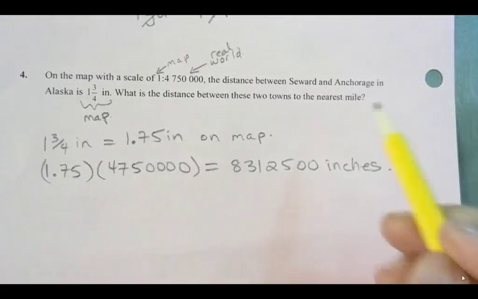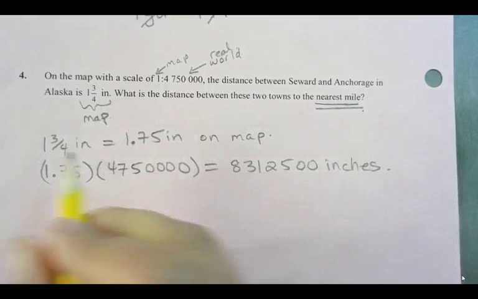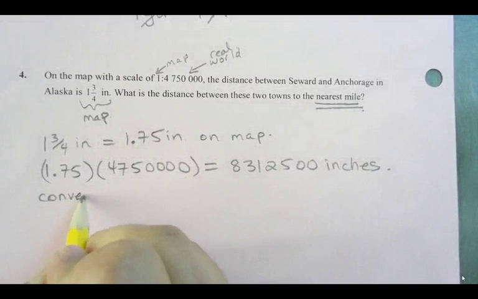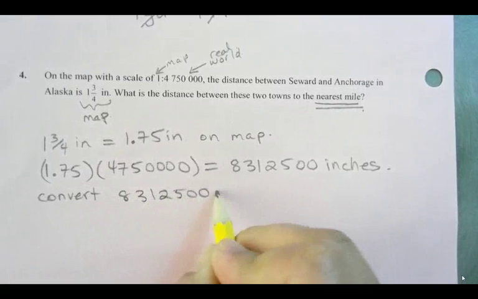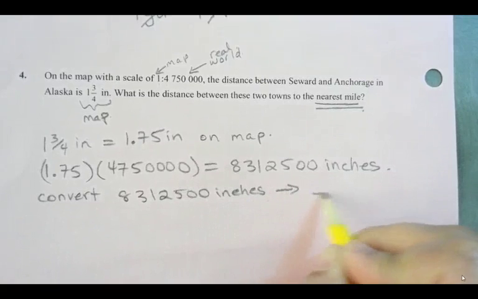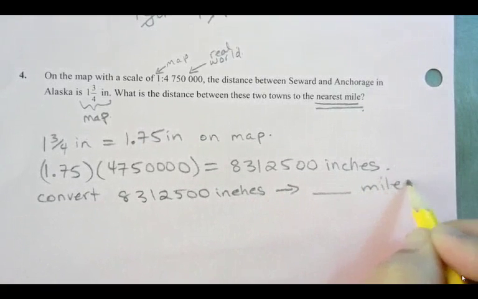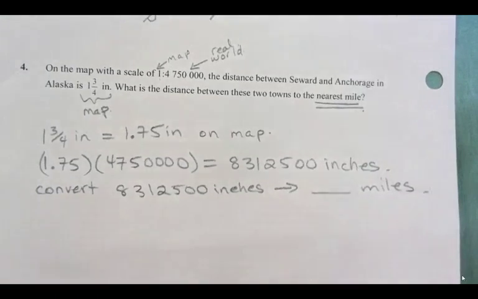No. Why am I not done the question? Because I need to convert that to miles. So convert 8,312,500 inches to miles. Okay, how am I going to do that?